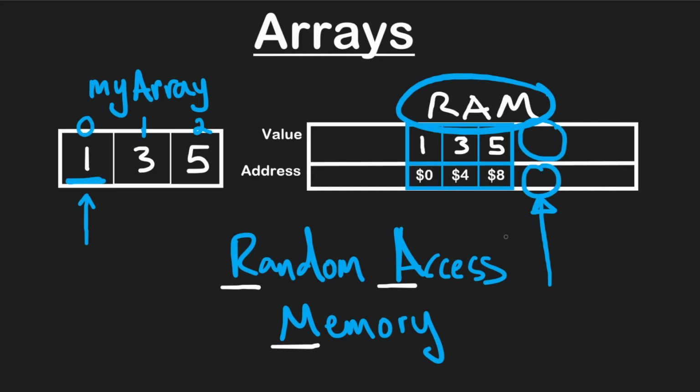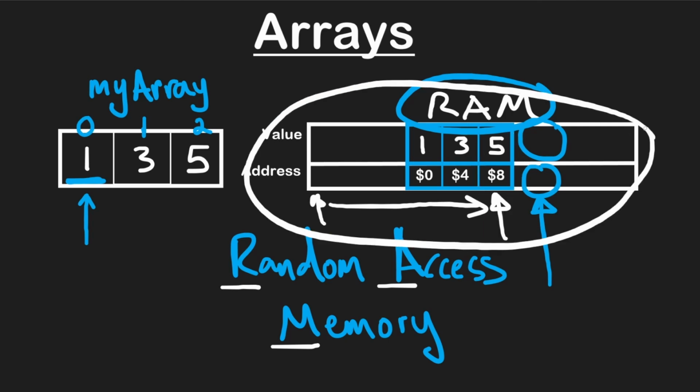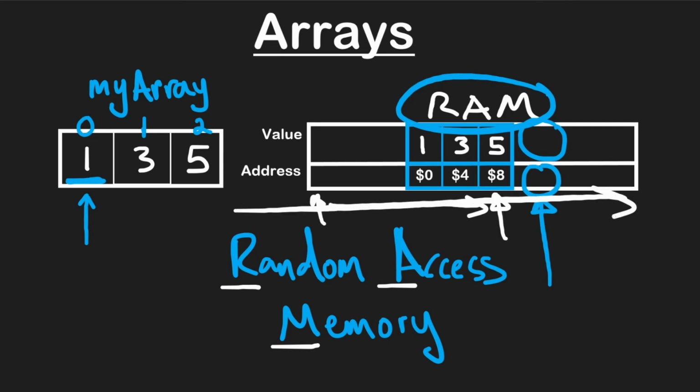Suppose we wanted to access this value, we don't have to start from the beginning of our RAM and then keep looking for it. We can automatically access it. And that's pretty important, because if we have a lot of RAM, we don't want to have to go through the entire RAM every single time. If we want to access the third value in the array, we don't want to have to go through the first and second values because it's not necessary for us.